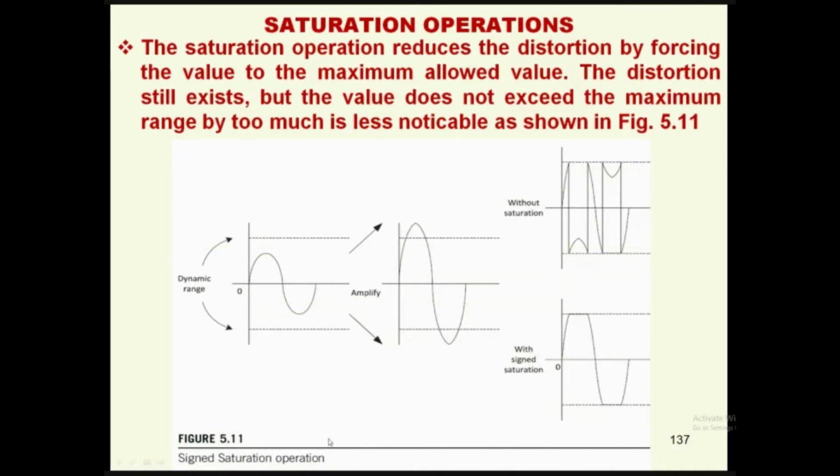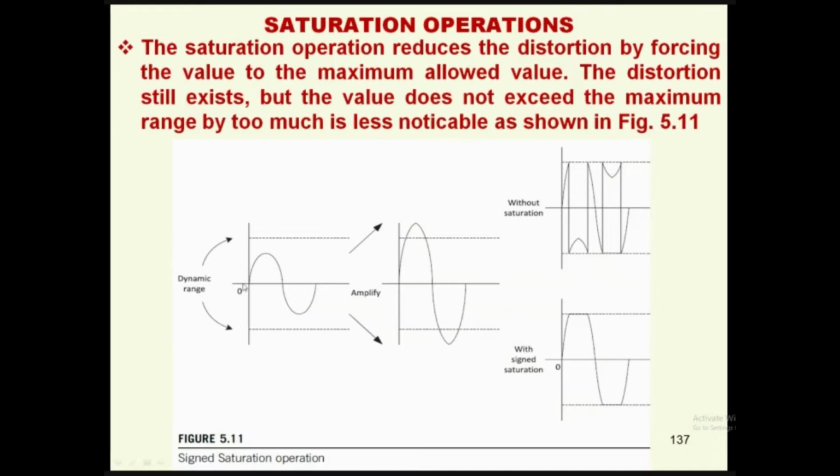So the signed saturation operation is shown in figure 5.11. Here you can see the signed number, 0, because it is signed, if it is 8-bit, 0 represents 7F as the maximum positive value, and the maximum value is FF, and the negative limit is 80, something like that.